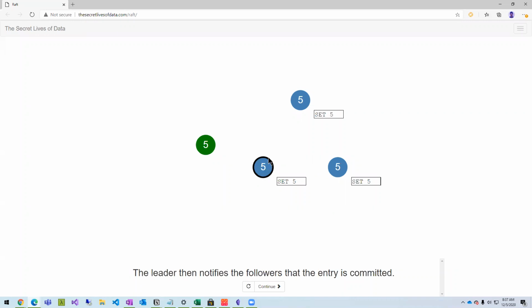So basically you saw that this happened in two phases. First it sent the messages to these two nodes, and these two nodes have still not committed the value, it was in the red state, and they will reply back.